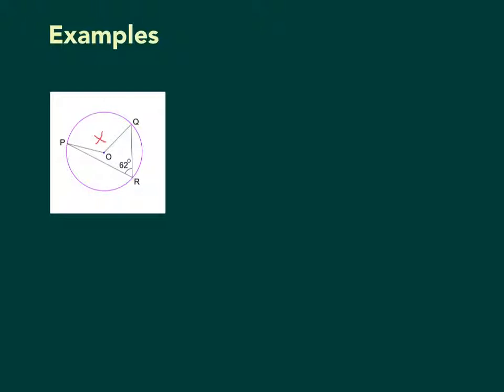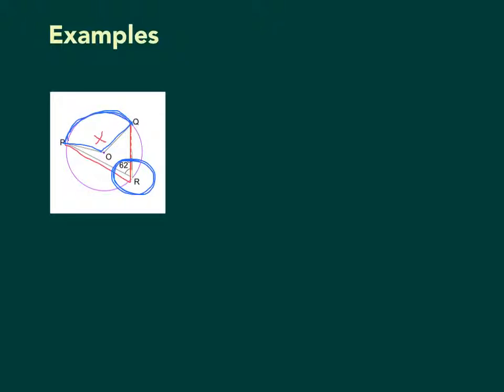Here we're given both an inscribed angle, angle QRP, and also a central angle, angle QOP. And it looks like we're looking for the measure of the central angle, X. Well, I know that the inscribed angle is half of its intercepted arc, PQ.